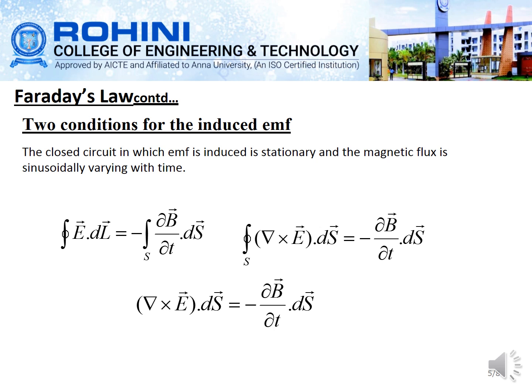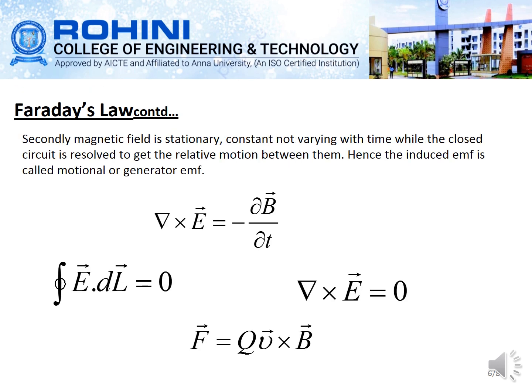So from this relation we can write in the cross product, which is nothing but closed integral of del cross E vector dot ds vector is equal to minus ∂B vector by ∂t dot ds vector. Hence from this equation we can cancel the ds, and finally we get del cross E vector is equal to minus ∂B vector divided by ∂t.